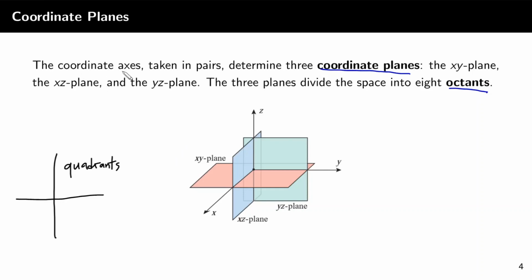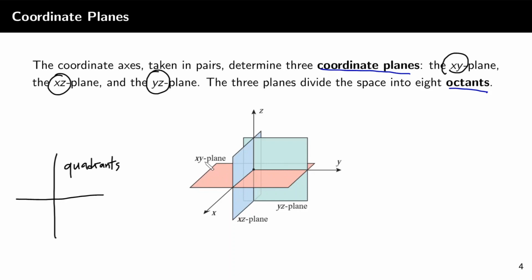So the coordinate axes taken in pairs determine 3 coordinate planes. We have the xy plane, which is determined by the x and y axis, the xz plane determined by the x and z axis, and the yz plane determined by the y and z axis. So itong red na plane na to, this is the plane containing both the x and y axis.